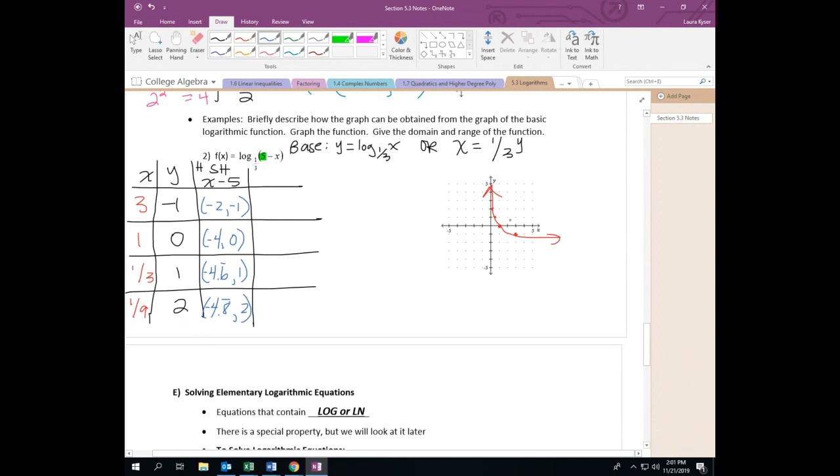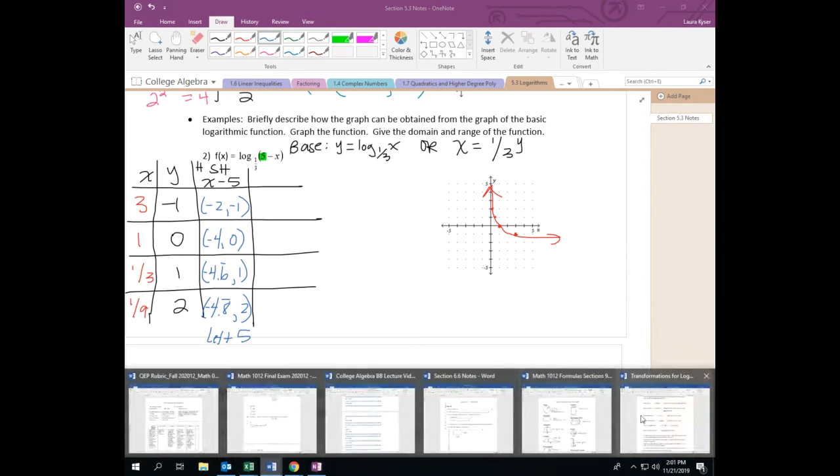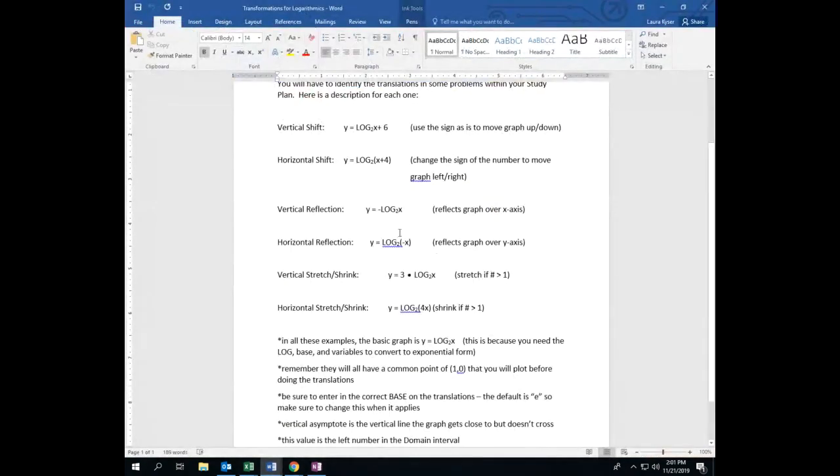And then we're going to do the next one as well because it wants a description. I guess we shift it left 5. And then we're going to reflect it. There's a negative on the inside. So again, I'm going to go back to my sheet so I can point this out. We've got a negative on the inside of the parenthesis, which is a horizontal reflection.